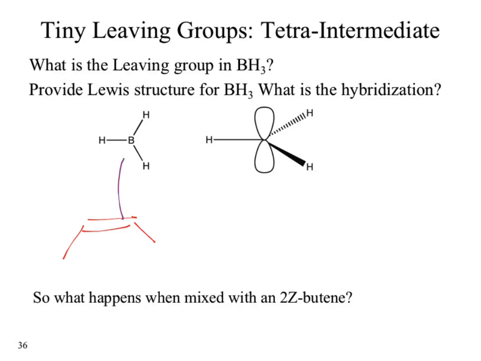The pi bond reacts by sharing with the boron. Boron now being, whoa, too many electrons, needs to shuttle electrons out. So it can shuttle electrons to that hydrogen, but hydrogen is such a bad leaving group that it makes no sense to show an arrow like that, because that's now saying hydrogen is left. We can't do that. So where could the hydrogen go? Okay. Why does it go to the carbon?